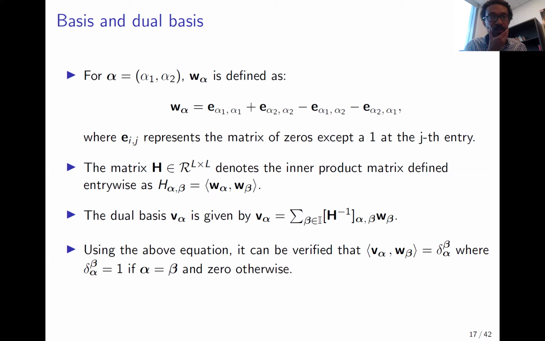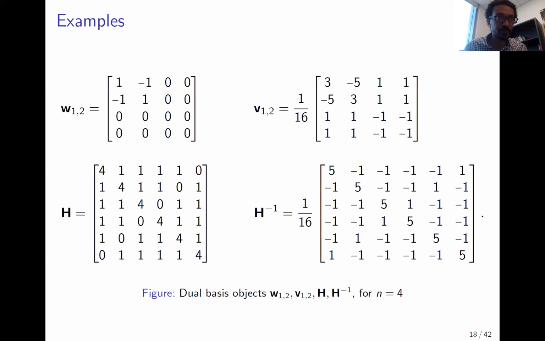My goal is now to visualize or understand what this W alpha and V alpha look like. So let's do an example, when n is equal to 4, just to illustrate what W, V, H, and H inverse look like. W12 is E11 plus E22 minus E12 minus E21.